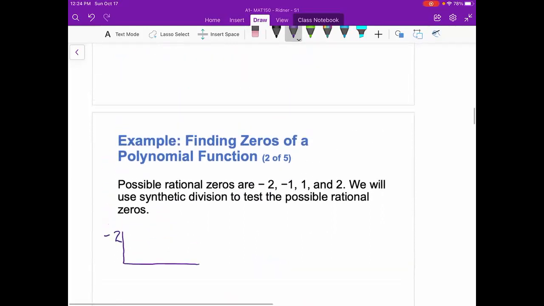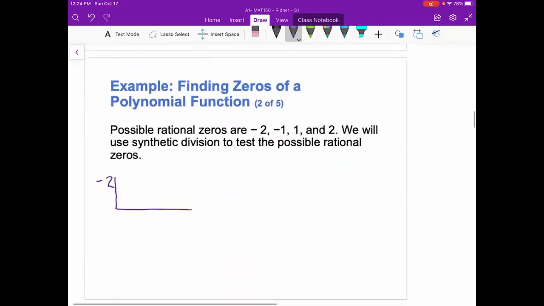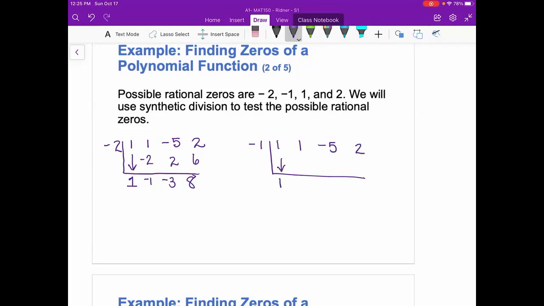-2 is first up. So if I use -2, my coefficients are 1, 1, -5, and -2. So I'm going to go back and do 1, 1, -5, and 2. Multiply the outsides, add straight down, repeat. And I do not get 0, so I move on and try the next one. Again, it's frustrating that it did not equal 0, but I didn't waste too much time, so it's okay.